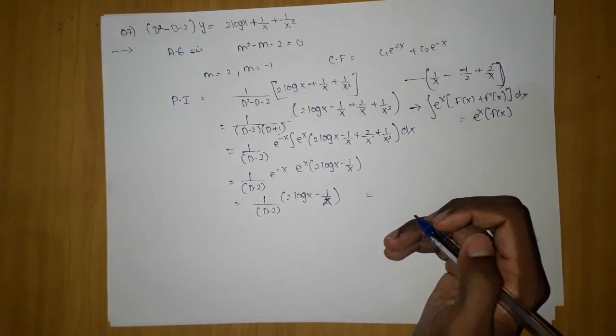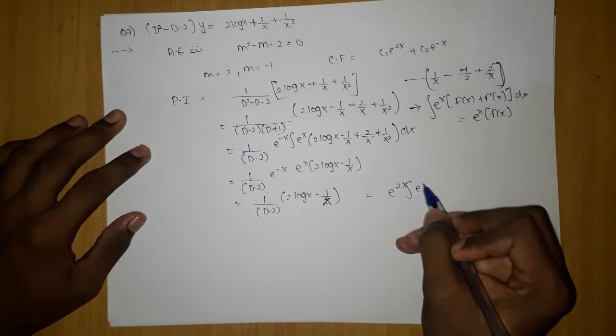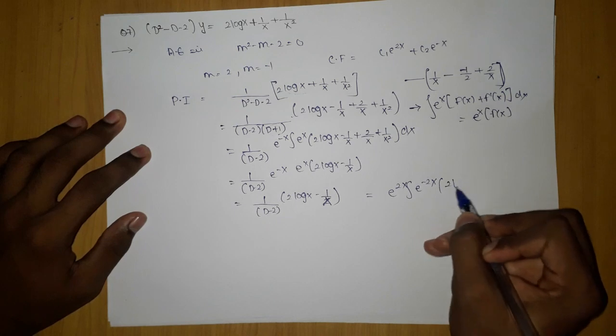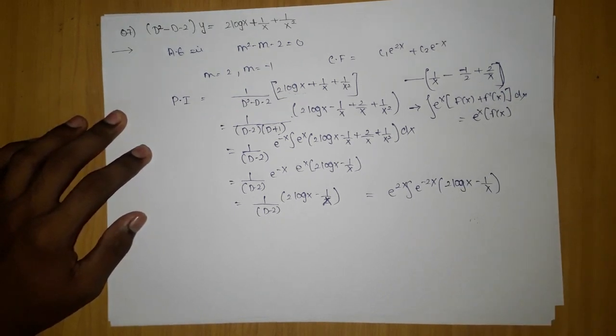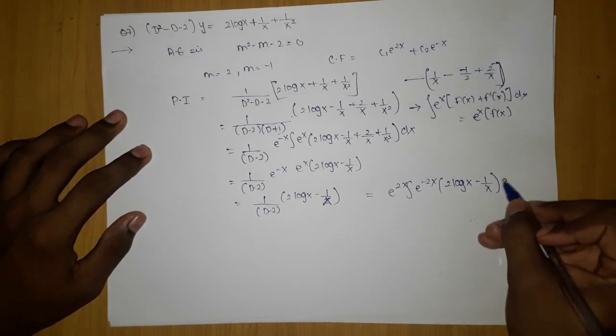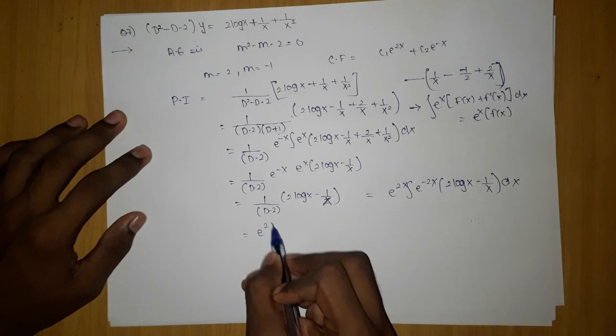If we do this, we get e to the power 2x into e to the power minus 2x into, this is our Q of x, 2 log x minus 1 by x into dx. Now if we multiply this, e to the power 2x will be as it is.